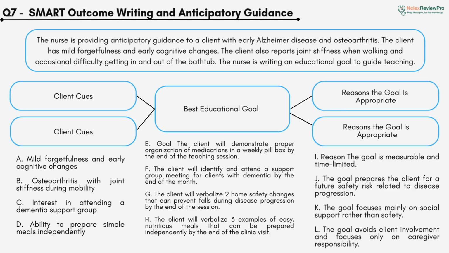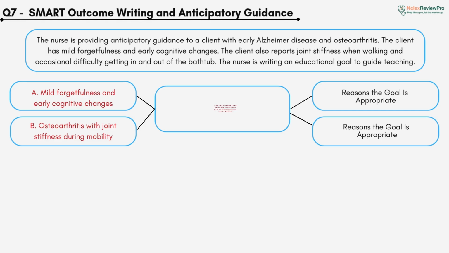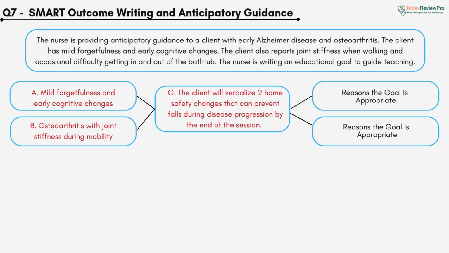All right, let's break this down. The correct client cues are: Option A, mild forgetfulness and early cognitive changes. And Option B, osteoarthritis with joint stiffness during mobility. The best educational goal is Option G. The client will verbalize 2 home safety changes that can prevent falls during disease progression by the end of the session.